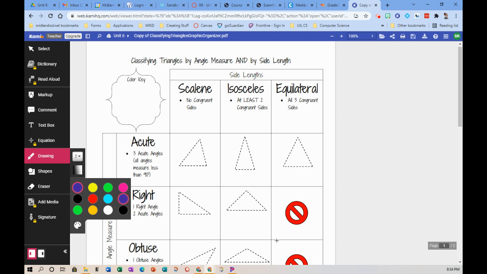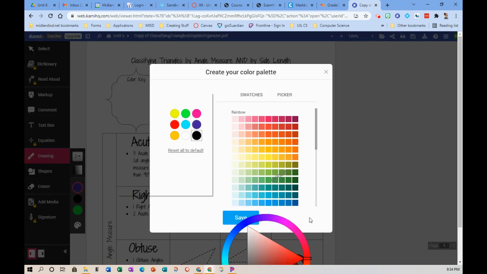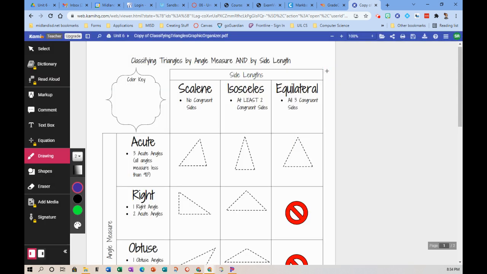We're going to do blue for acute angles.